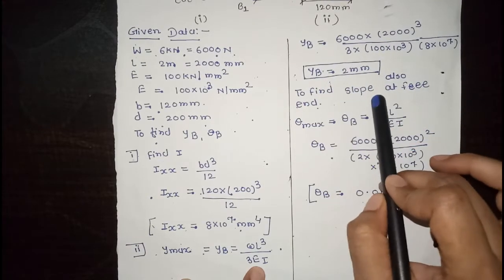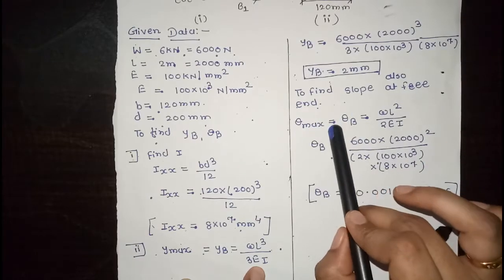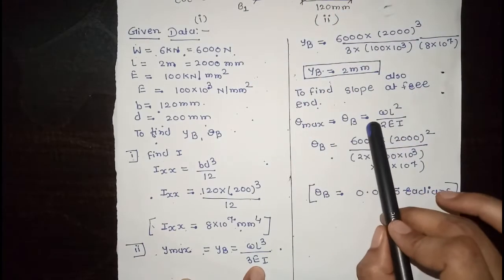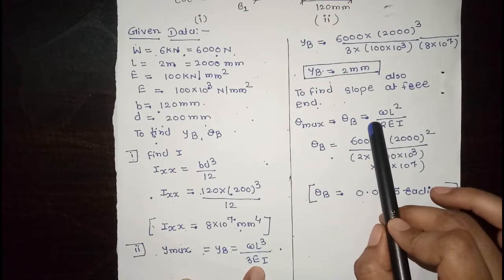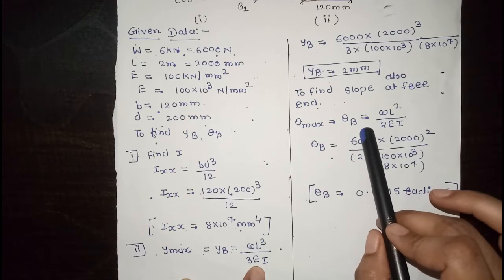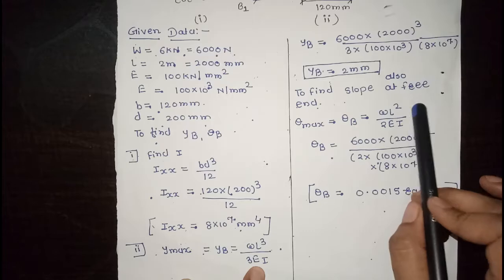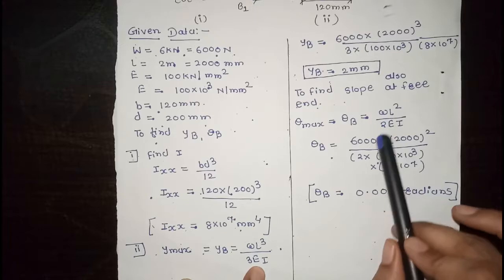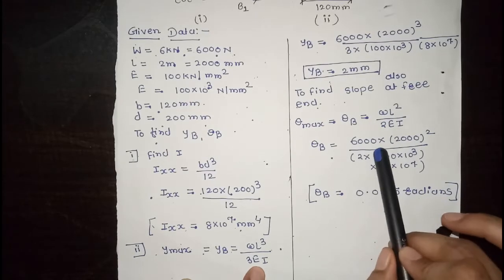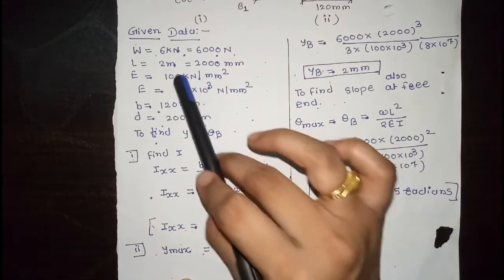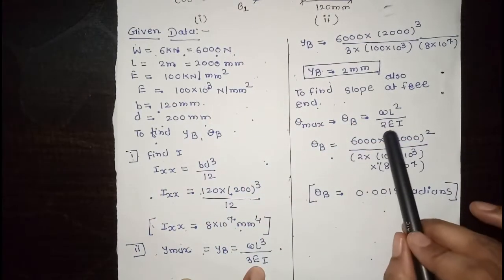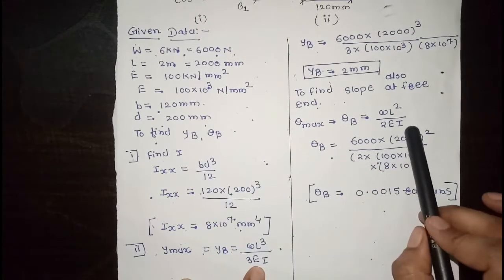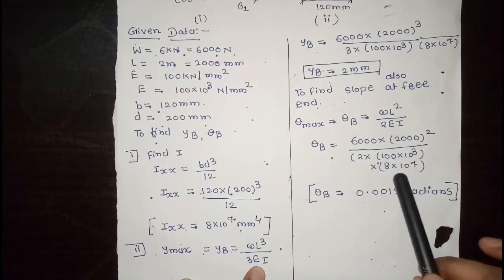Then to find the slope at the free end, theta max is equal to theta b at point B. What is the formula of slope for a cantilever beam with point load? WL square divided by 2EI. So theta b is equal to 6000 into L 2000 square divided by 2 into E, 100 into 10 cube, and I, 8 into 10 to the power 7.